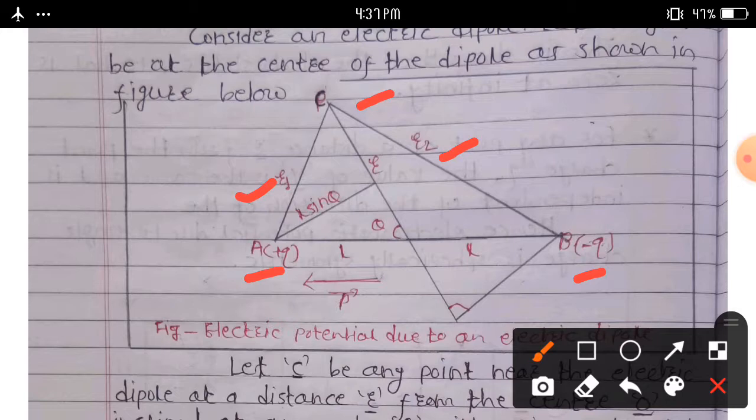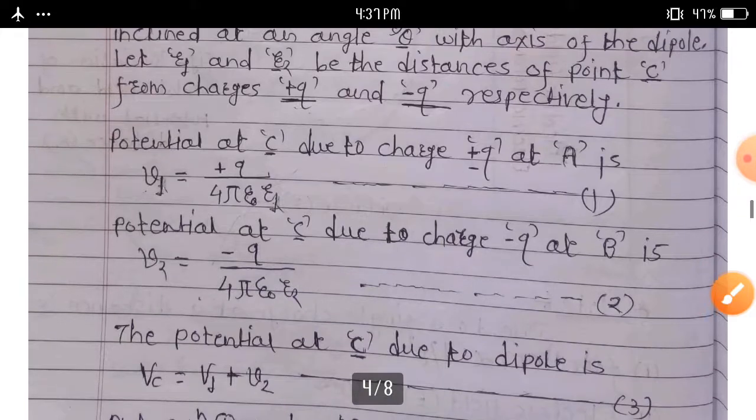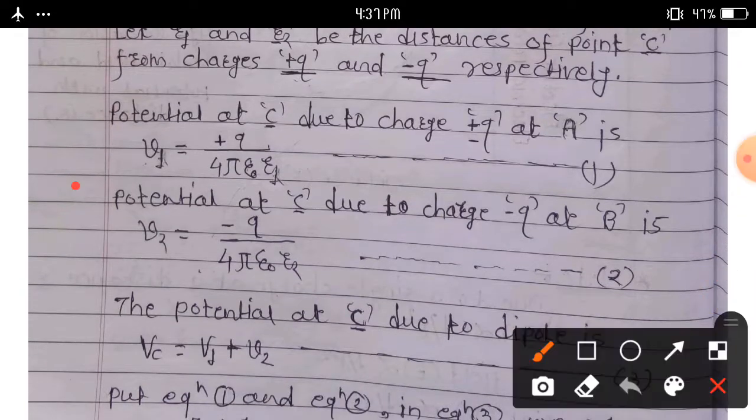The potential at C due to charge plus q at A is given by V1 is equal to plus q upon 4 pi epsilon naught into r1. Consider equation first.